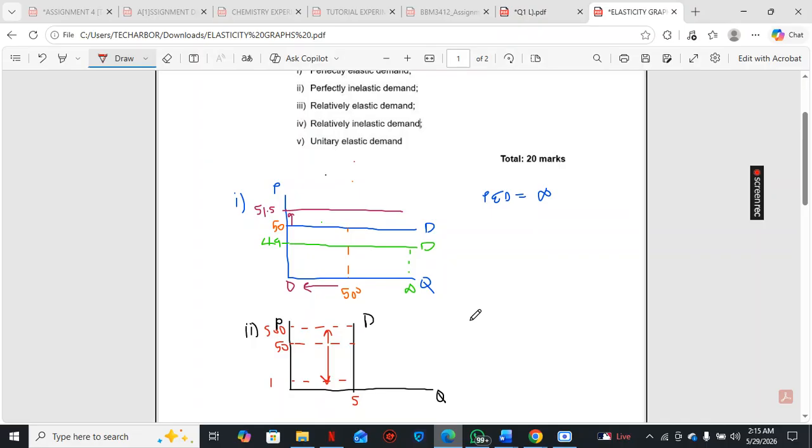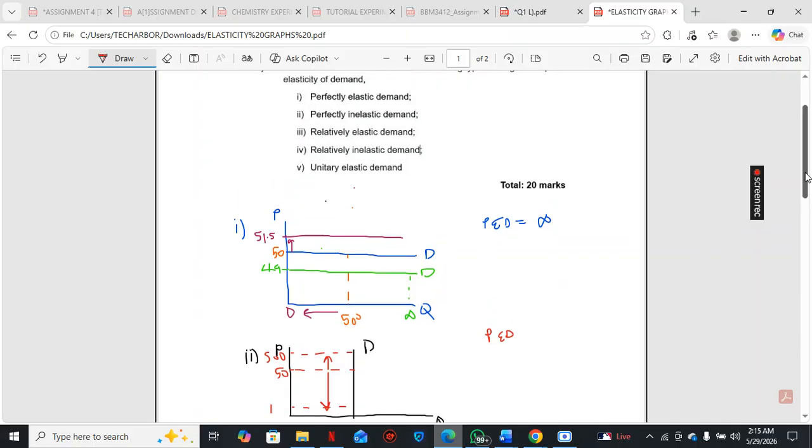So when demand is perfectly inelastic, it does not respond to any changes in price. Just like this here.